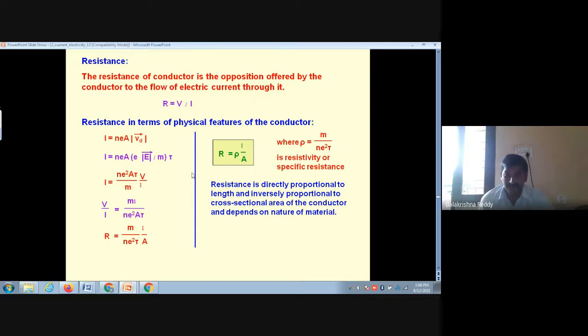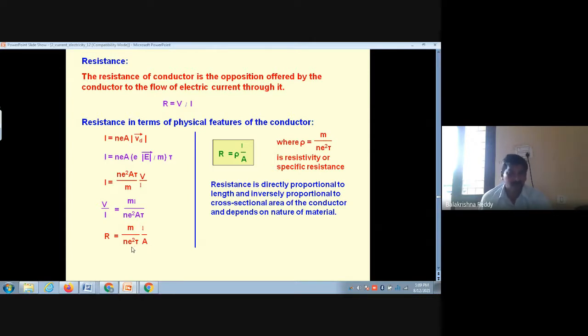Yeah. So now, from this resistance equation, m is the mass of the electron we are considering, n is the number density, e is the charge, and tau is the relaxation time. This is all constant for each and every electron passing through the conductor.